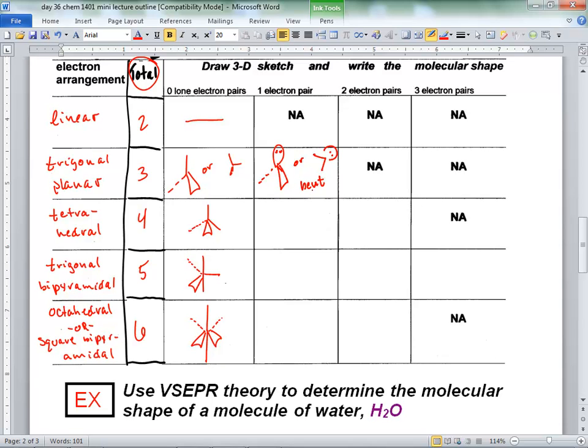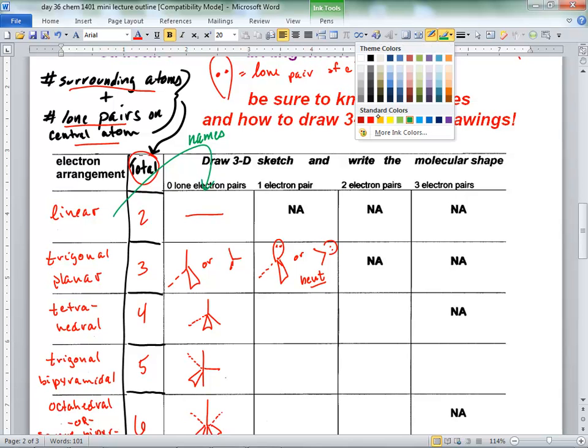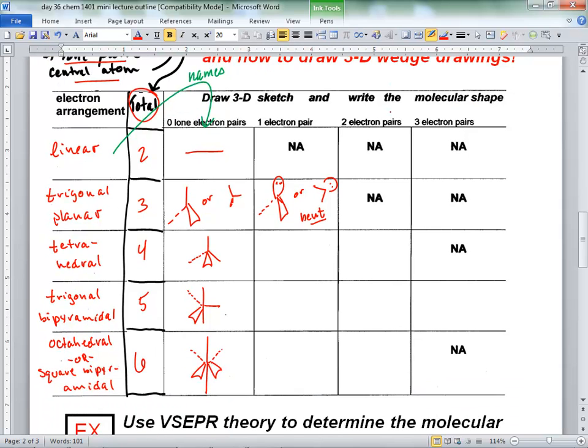That'd be bent. And remember the names for everything we already did. Those are the names. We already have the names for those. Okay, bent. Can't add any more lone pairs.